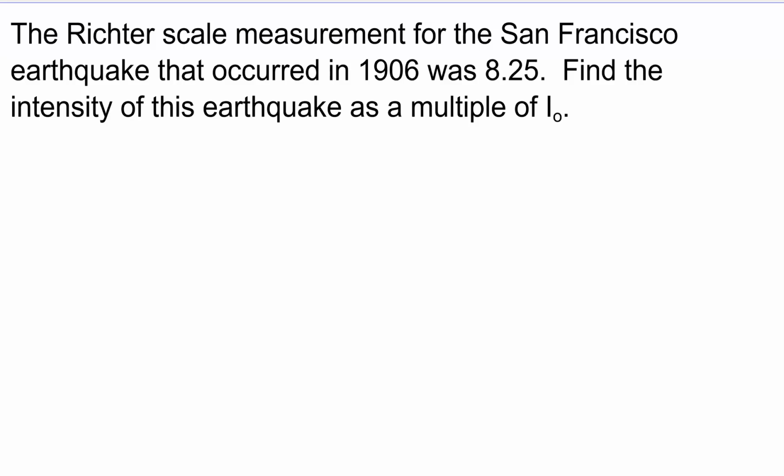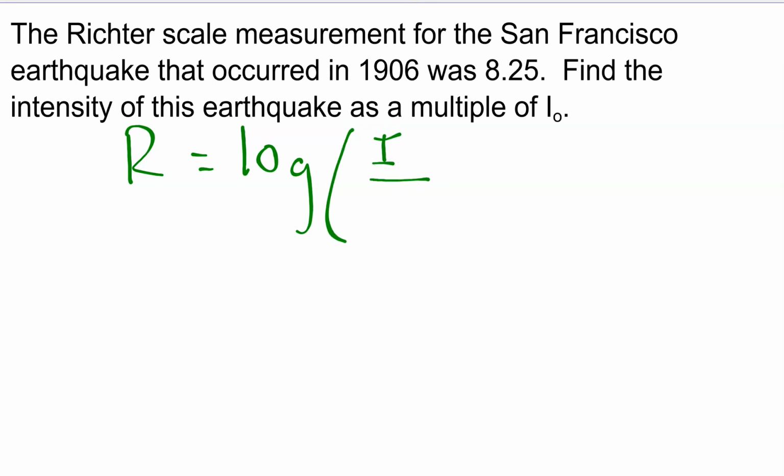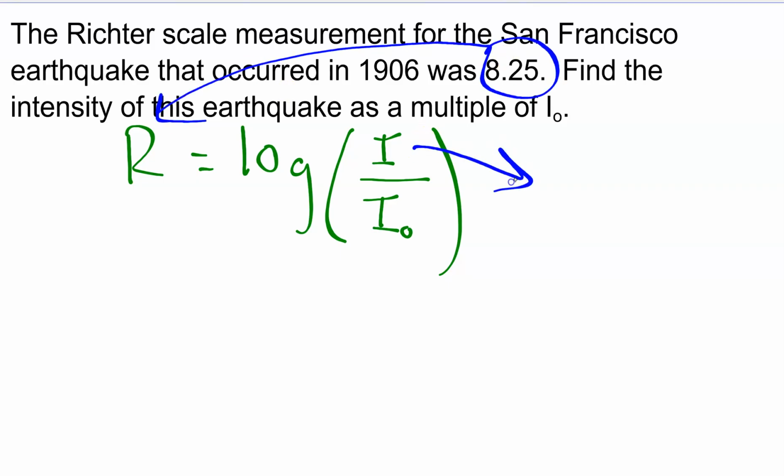The Richter scale measurement for the San Francisco earthquake that occurred in 1906 was 8.25. Find the intensity of this earthquake as a multiple of I naught. So again, I'm going to rewrite my Richter scale formula. On this one, I'm given the Richter scale, and they want us to find the I. So I'm going to put the 8.25 here.